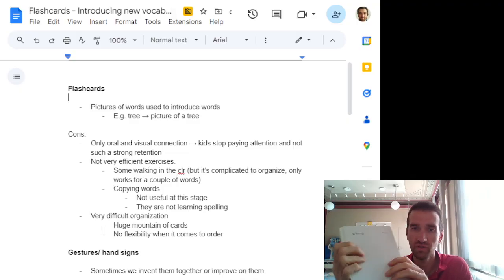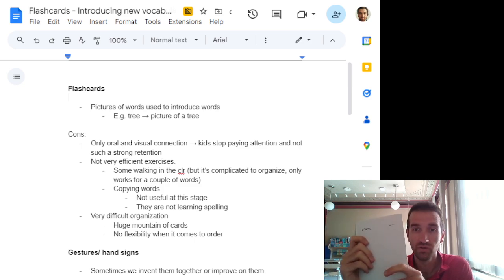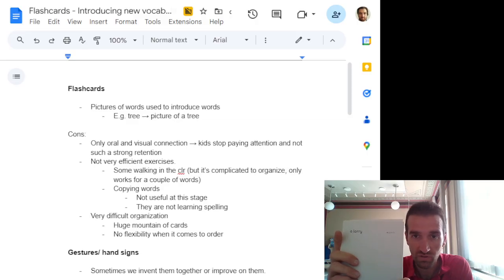But another very common exercise is that once you have the words distributed in the class and you hung them from the various walls or on a chair or whatever, they're all over the place, then you can let the kids copy these words.